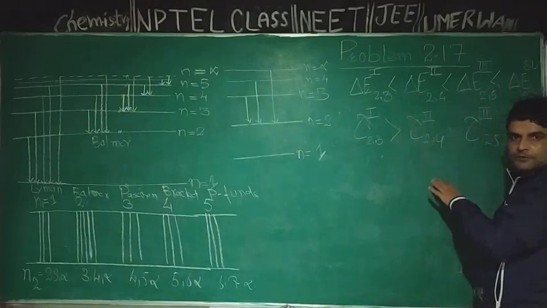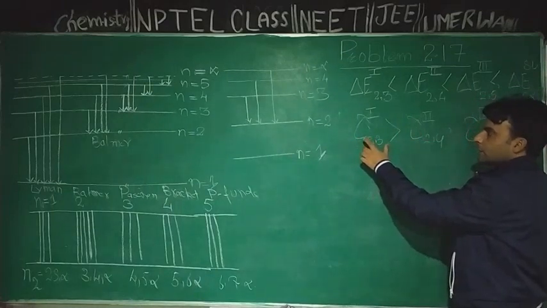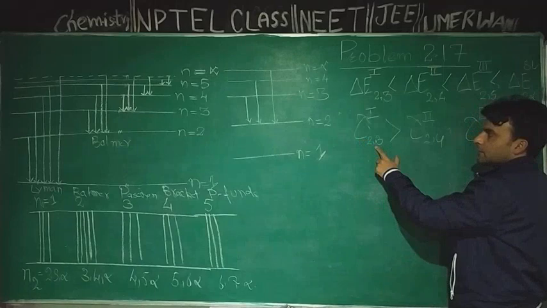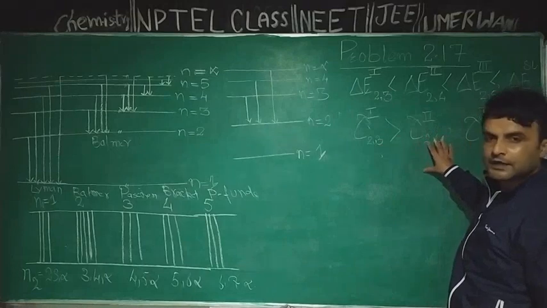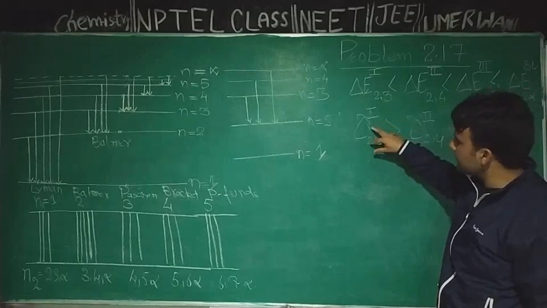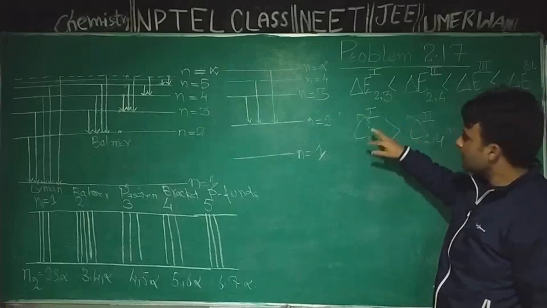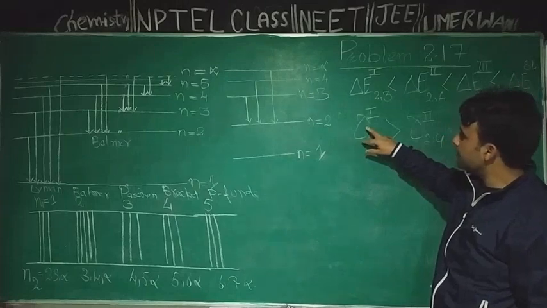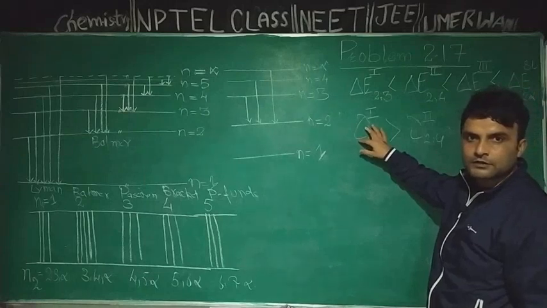In the problem, we have to calculate the wave number, not the wavelength, of the longest wavelength transition in the Balmer series of atomic hydrogen.